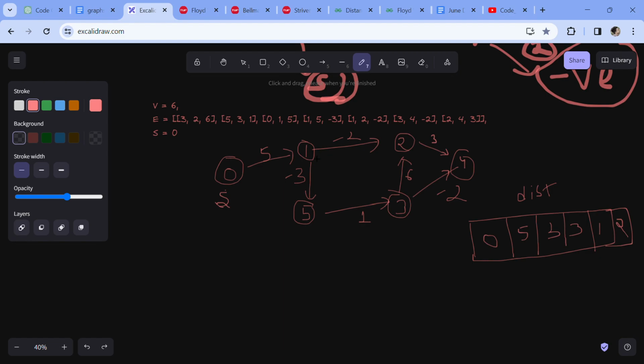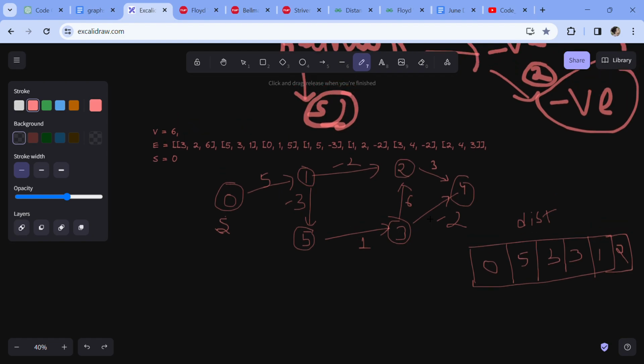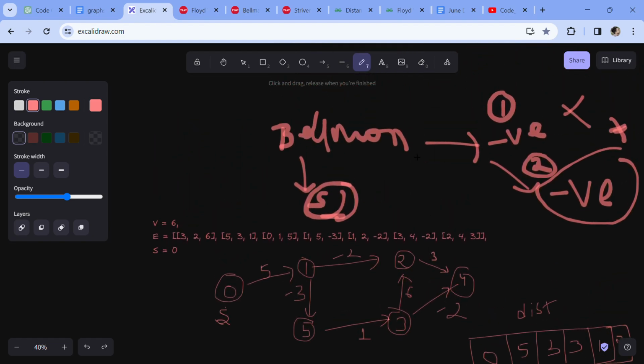From 0 to 0 the distance is 0, 0 to 1 there is distance 5, and 0 to 2 there are 2 options. The first option is we can go from 0 to 1 and then 1 to 2, which will take weight 3. Another option is from 0 to 1, 1 to 5, 5 to 3 and 3 to 2, but it will cost more than the above path.